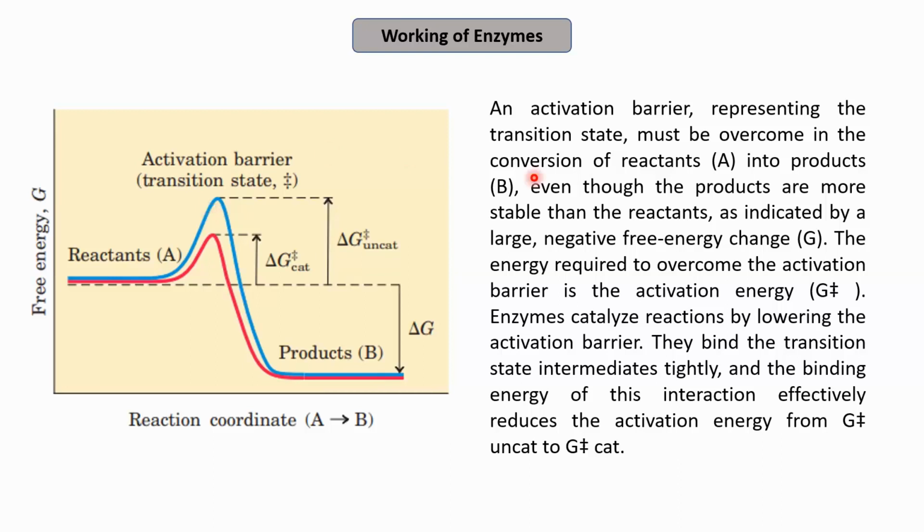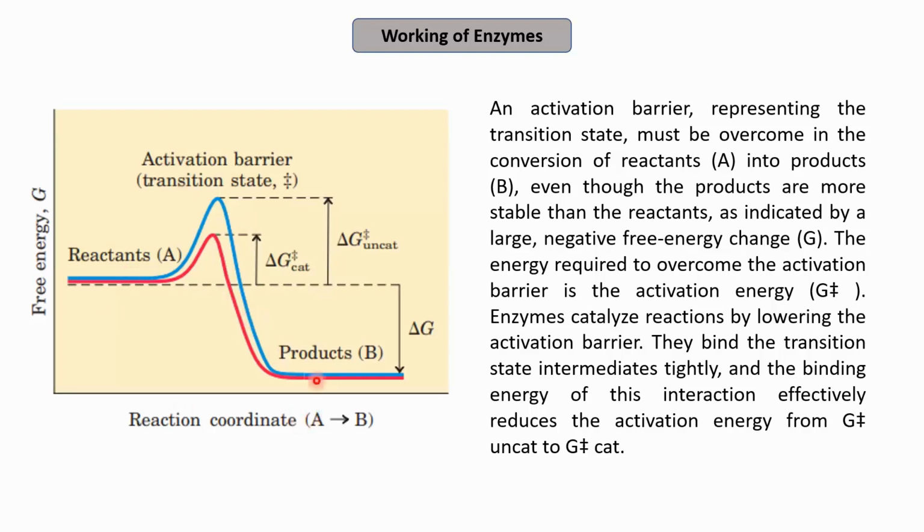The activation barrier, represented here by delta G uncatalyzed, must be overcome by the reactants in order to convert into the products. Even though the products are more stable than the reactants, there is a large negative free energy change involved. The energy required to overcome this activation barrier is known as the activation energy.